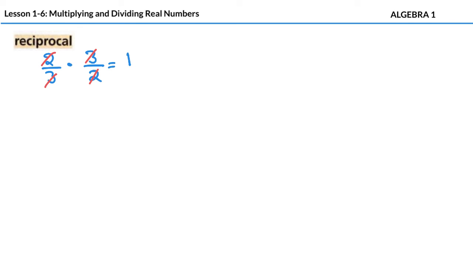So in general, if a number is of the form a over b, its reciprocal will be b over a. As simple as that. And when you multiply a number with its reciprocal, the product is always 1.